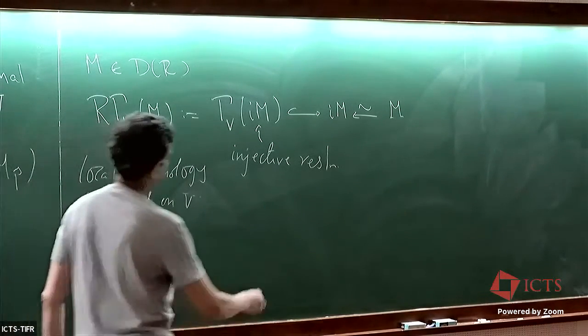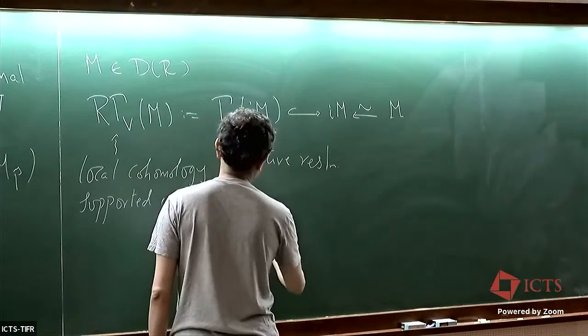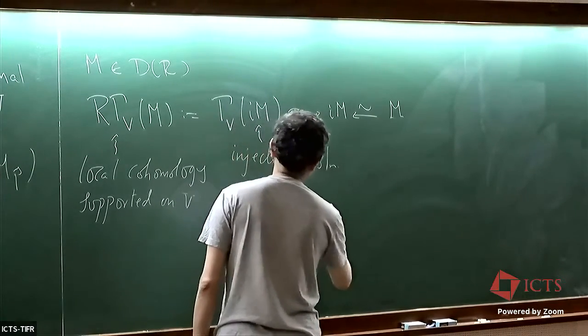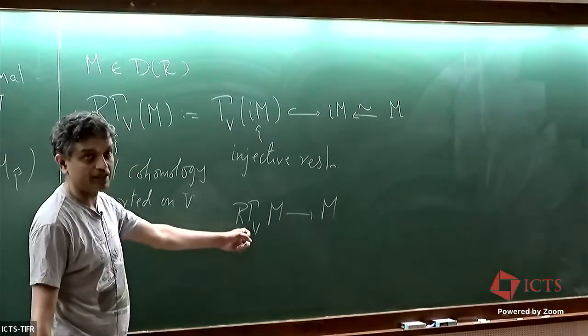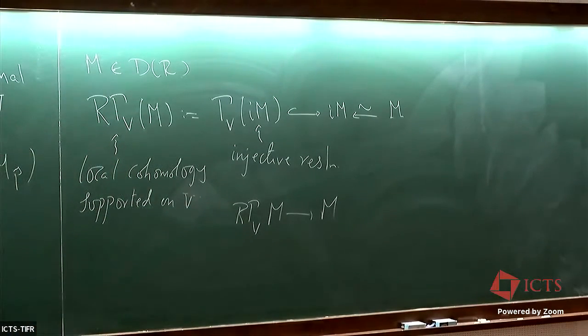And so we have this map here to here. And we discussed the last time I spoke that this is cellular approximation with respect to the V-torsion objects.